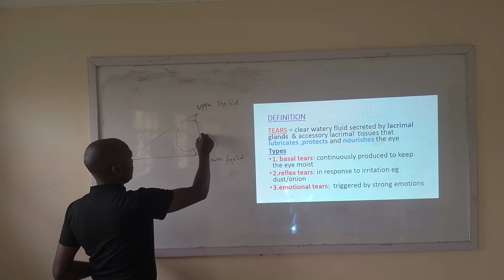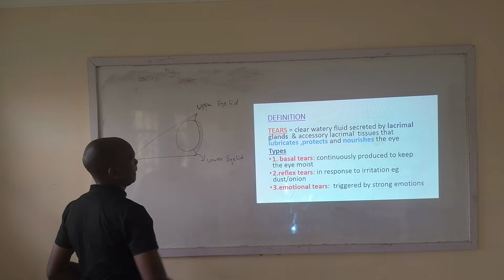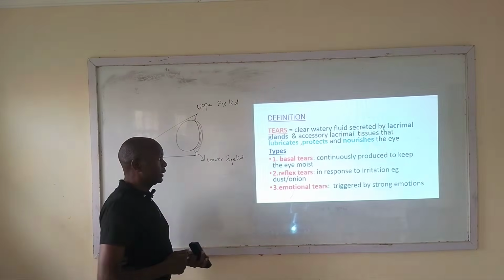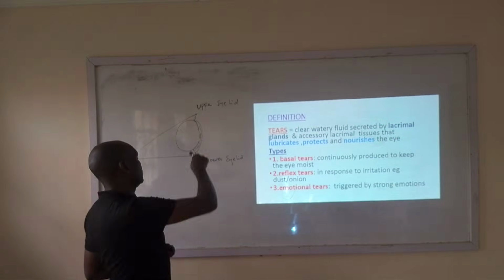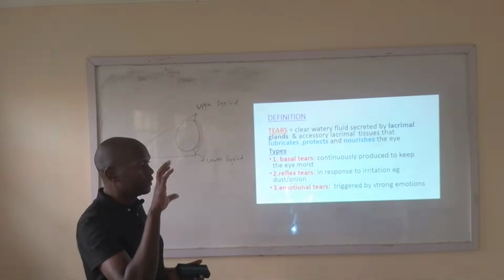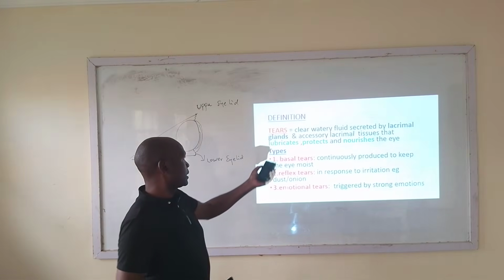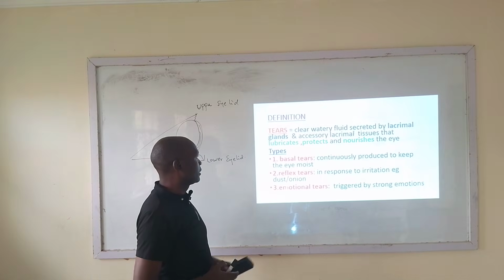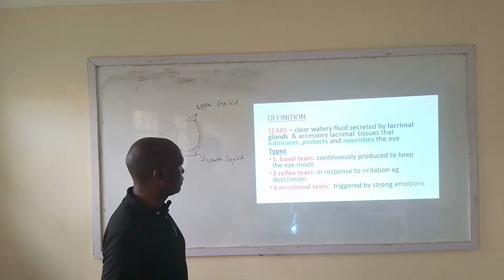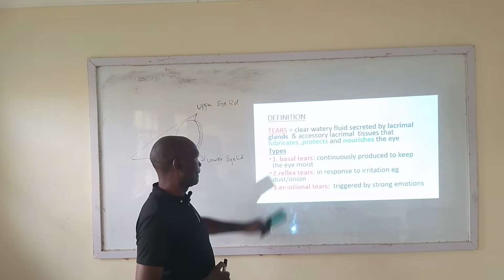So tears is found on the surface of this eye. And when you blink, as the upper and the lower eyelid close and open, tears enhances lubrication. That is why we say one of the functions of the tears is lubrication.